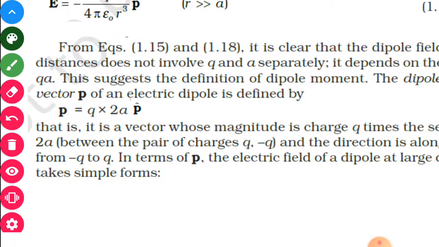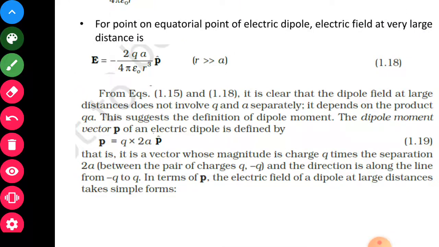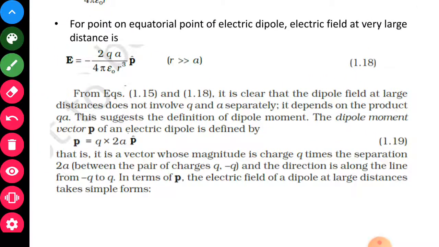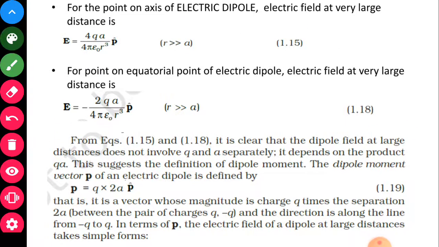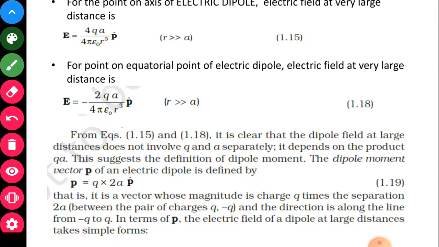So it is a vector whose magnitude is charge q times the separation between the two charges, that is 2a. Or we can say dipole moment is the product of the magnitude of one of the charges multiplied by the distance between the charges, in the direction from minus q to plus q. In terms of dipole moment P, if you want to write these equations, we had already understood that.